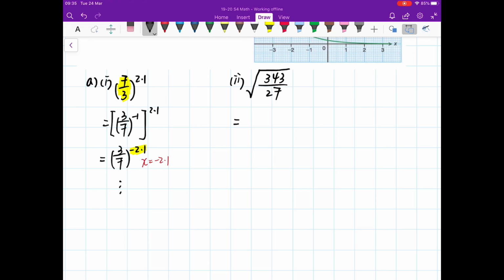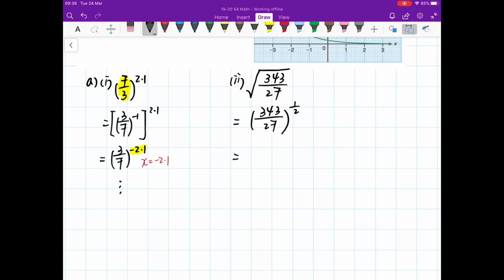Again, we have to change the square root into a rational index, that is 1 over 2. Afterwards, you have to think of 343 and 27. Can we convert it into the base of 7 or 3?